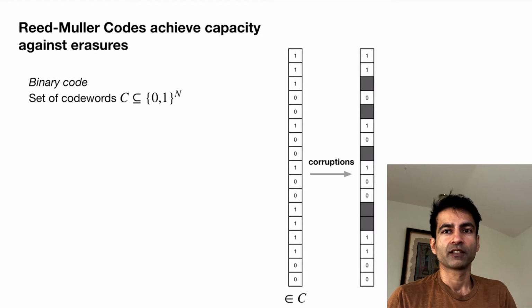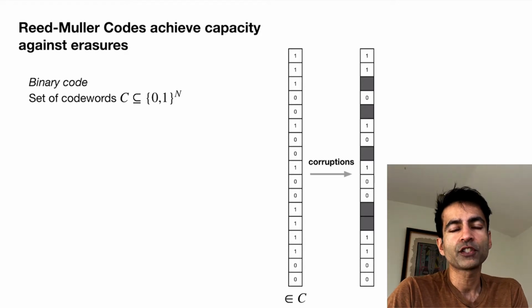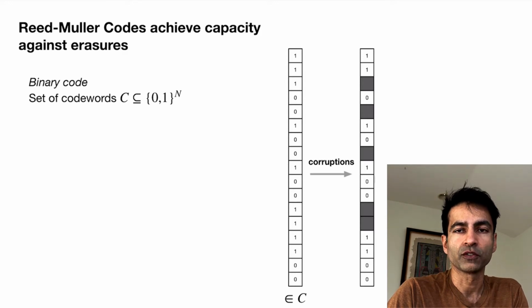Okay, so a set of code words satisfying that feature is a good error correcting code for our purposes.